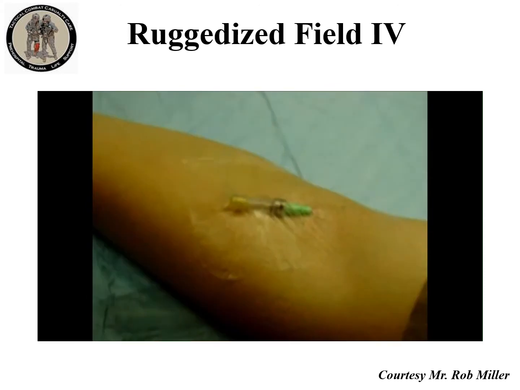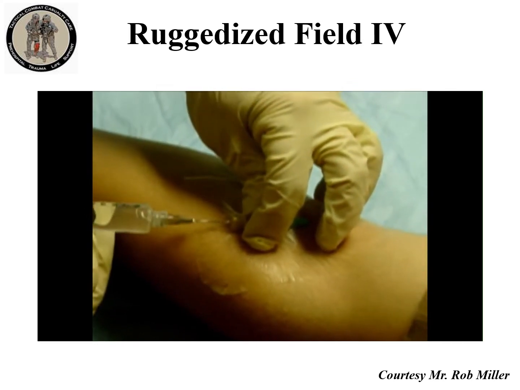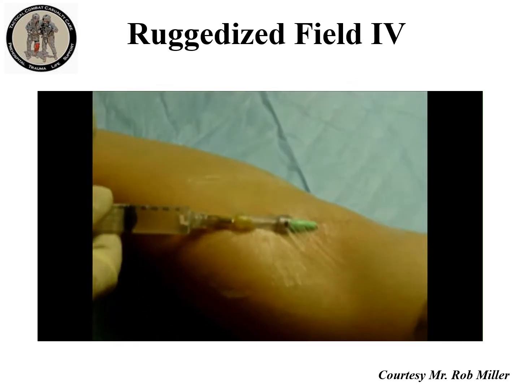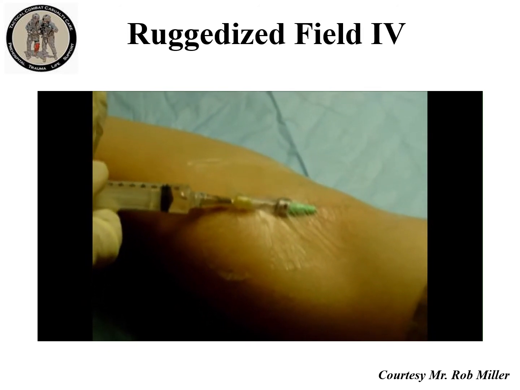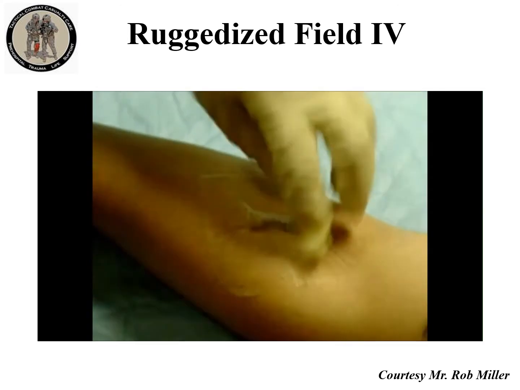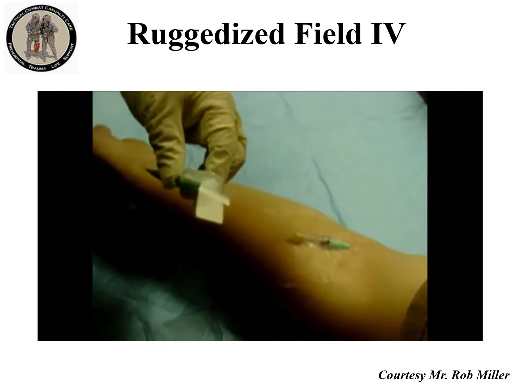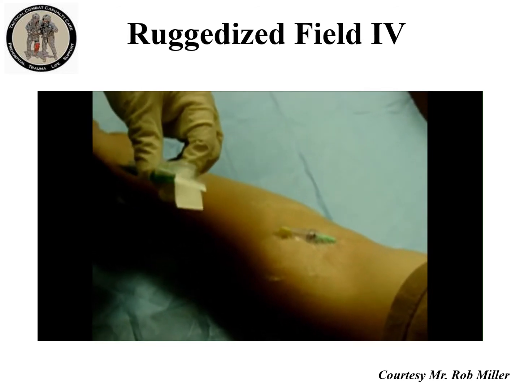The saline lock is flushed with 5 cc's of normal saline. You penetrate through the tegaderm and through the IV plug. At this time, the determination has been made that the individual has controlled hemorrhage and is in need of fluid.